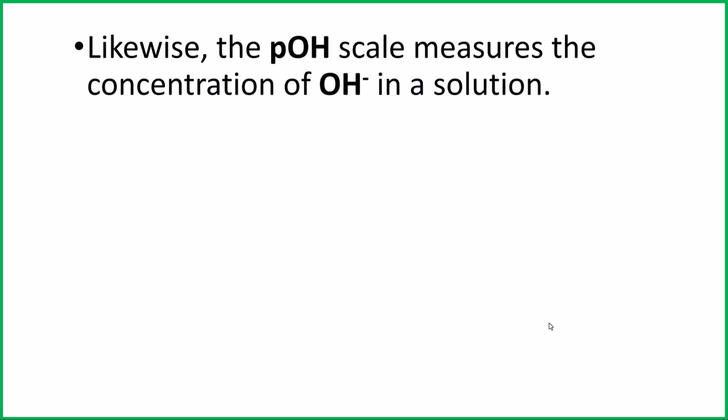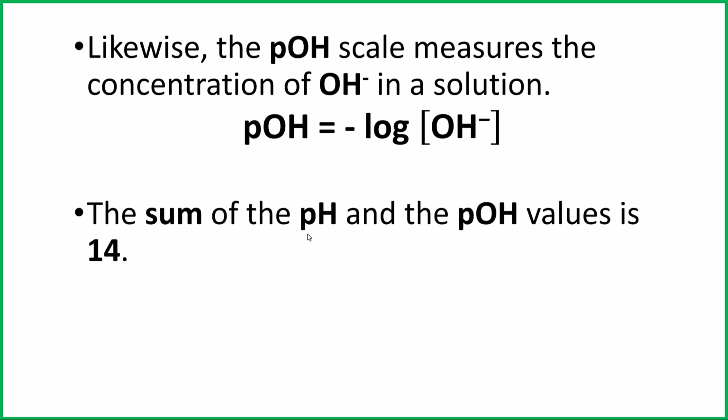Likewise, the pOH scale measures the concentration of hydroxide ions in a solution. And our equation for this is pOH equals the negative log of the OH minus concentration, or hydroxide ion concentration. And the sum of the pH and the pOH values is 14.